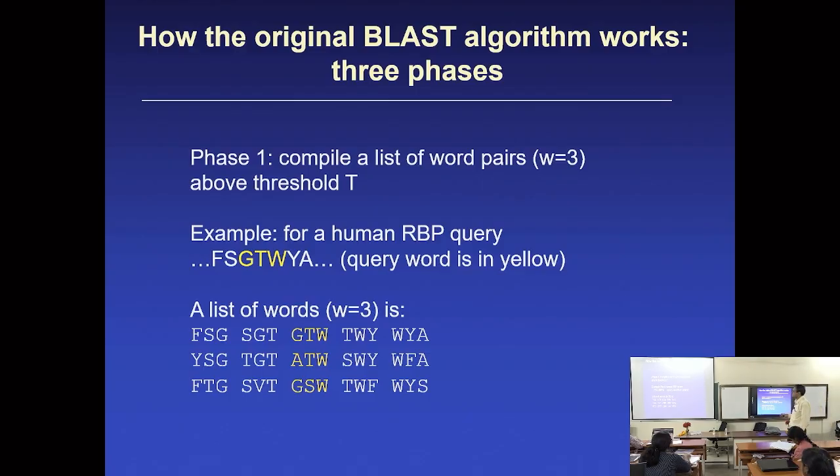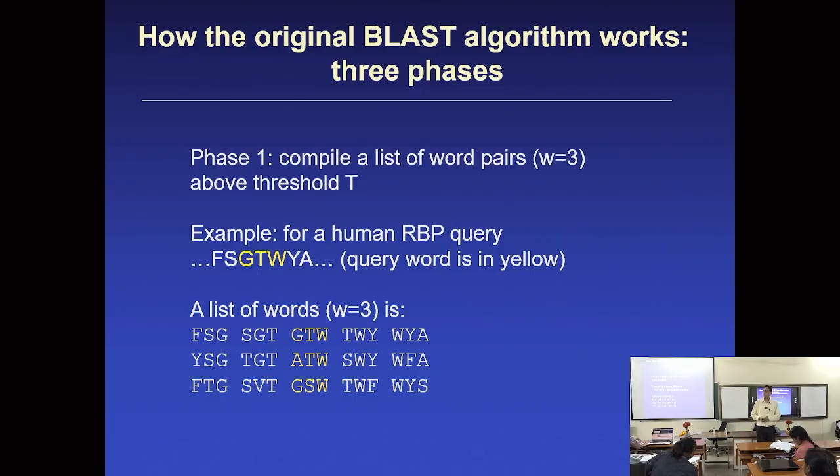So this is the query sequence, and let's focus on the query word GTW. If there is a GTW in any of the sequences in the database, then it will hit it, because that would be an exact match, right?